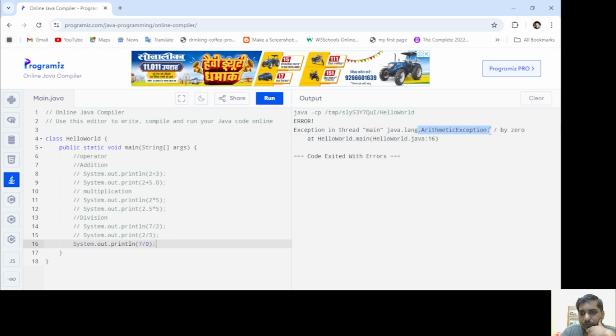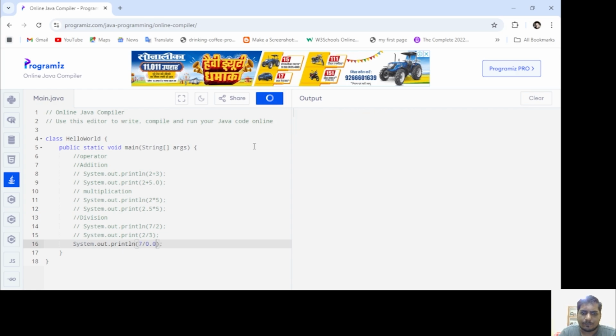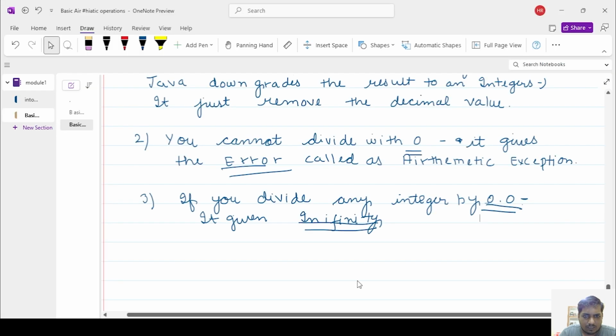It shows an arithmetic exception when any number is divided by 0. When divided by 0.0, it gives infinity. Just check it. So there are 3 points in division which we have to remember.